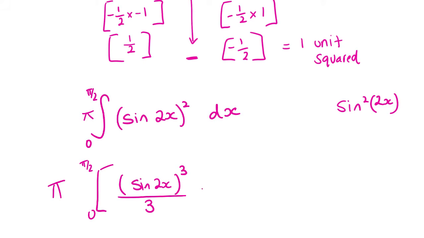We need to divide by the differential of the bracket. What is sine of 2x differentiated to? Cos? No, sine does not differentiate to negative. Sine of 2x differentiates to 2 cos 2x, and we divide by the differential.